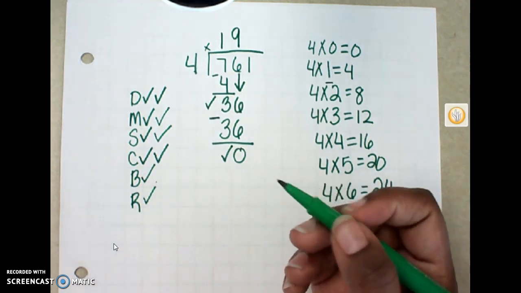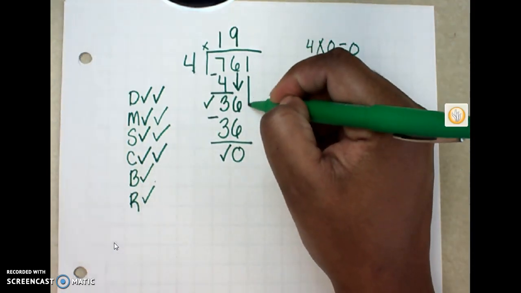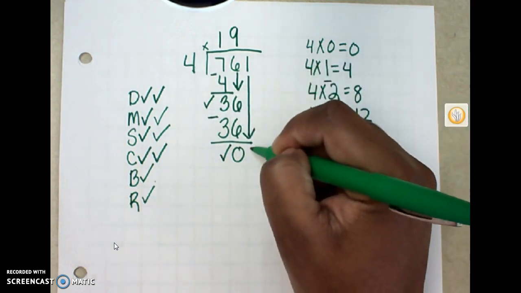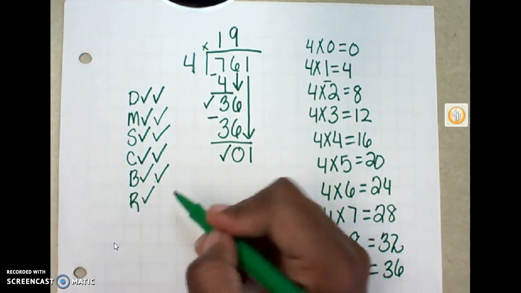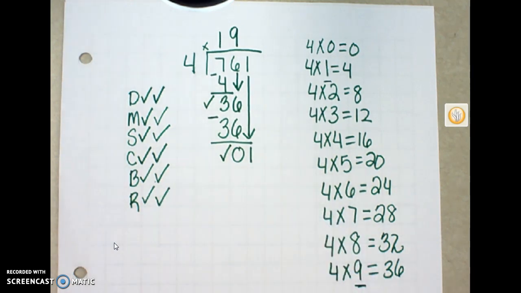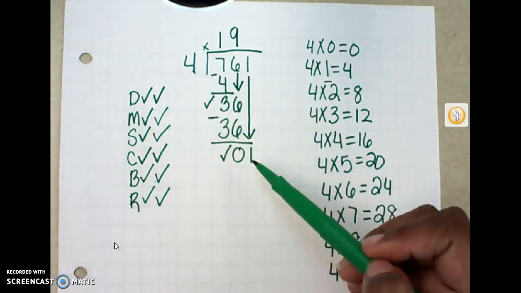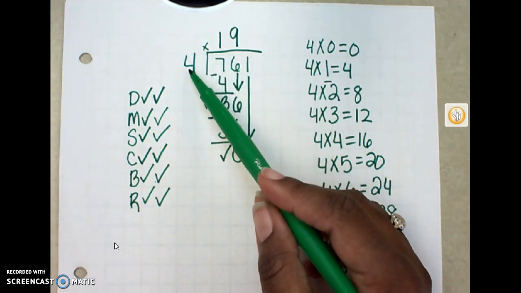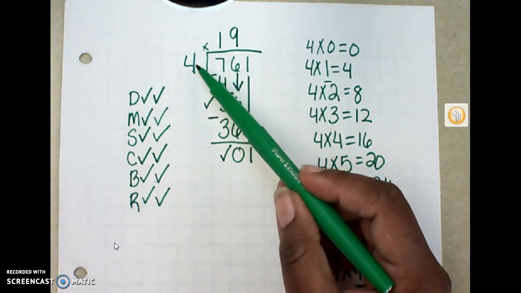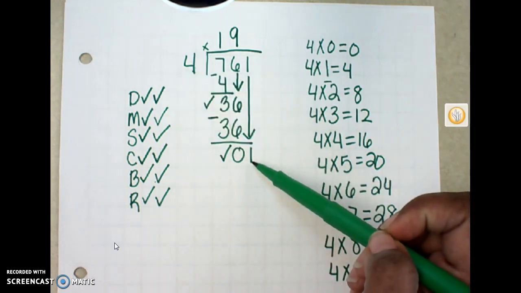B stands for bring down. I am going to bring down the 1. Now I am ready to repeat. So now I am dividing 1 divided by 4, or I could think how many groups of 4 can I pull out of 1?